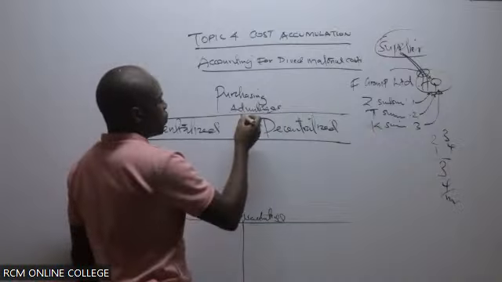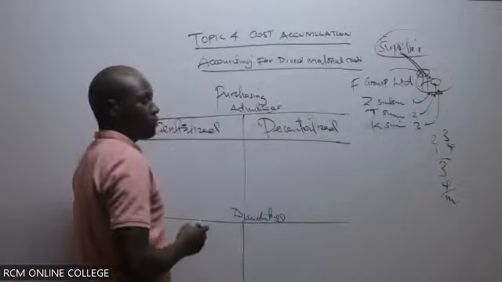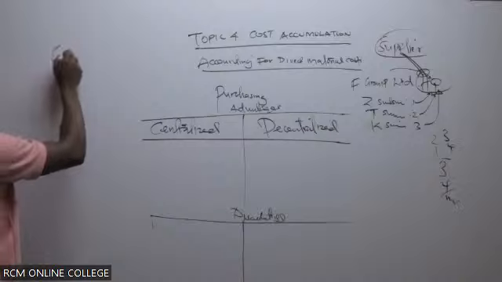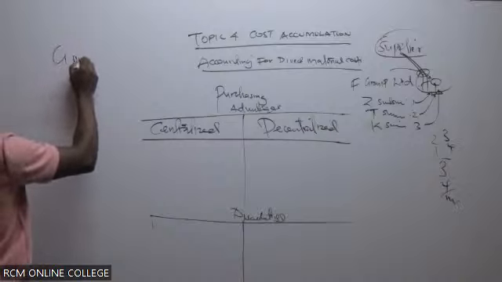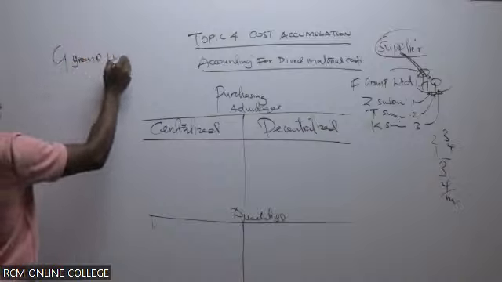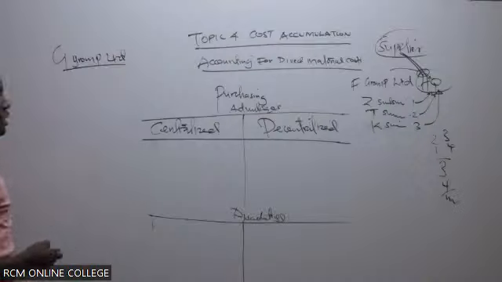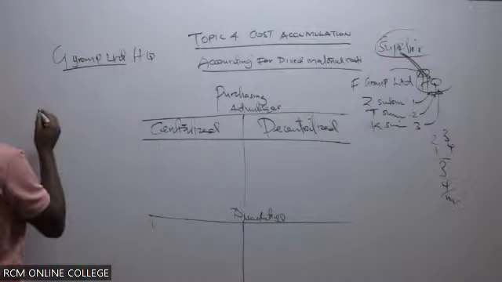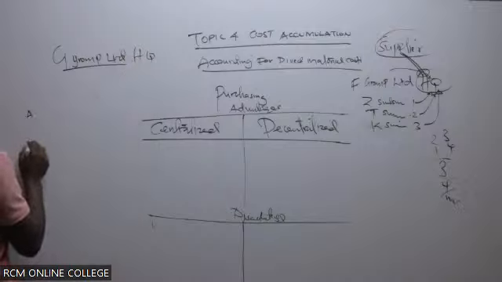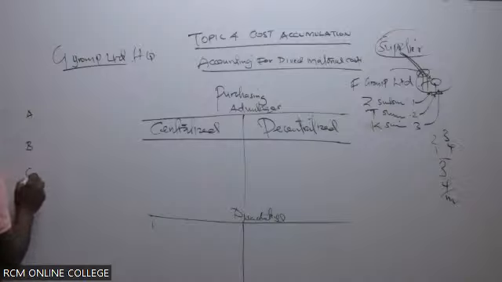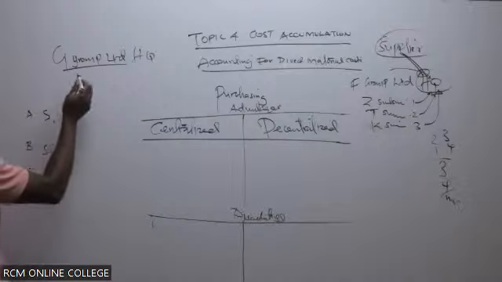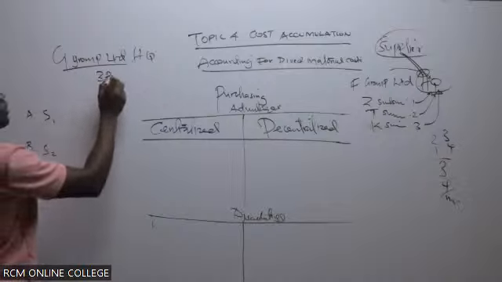If I come to decentralized, we have G Group Limited. G Group Limited has got subsidiaries. This is the headquarter, with subsidiary A, subsidiary B, subsidiary C. The headquarter has got 3 procurement officers.